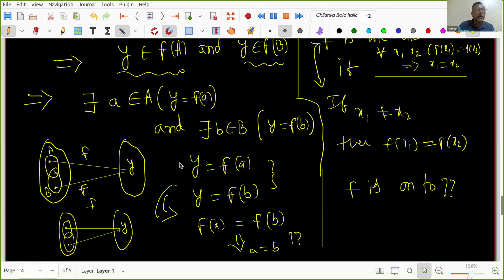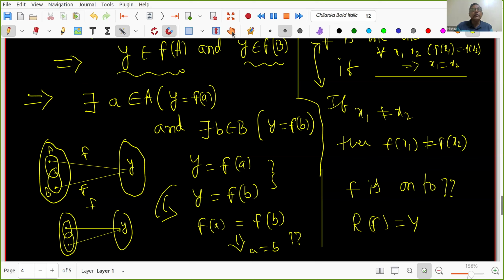No, not that. Yes, there is a pre-image for every element. So when codomain and range are equal, that is the same as what you are saying: R of f is equal to Y, range equal to codomain. This is the same as saying that y is in the range of f, meaning there exists an x.